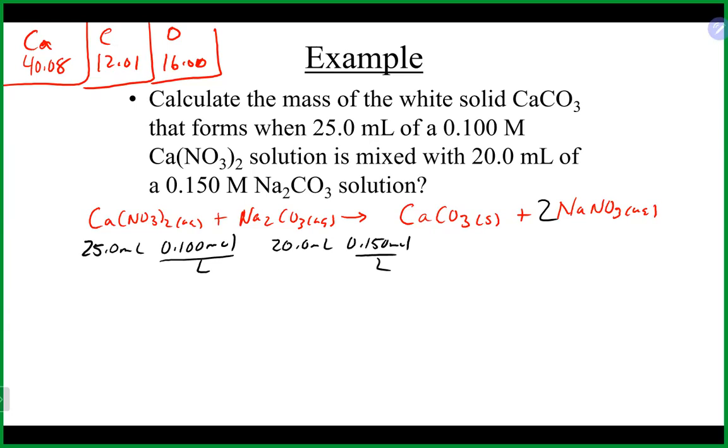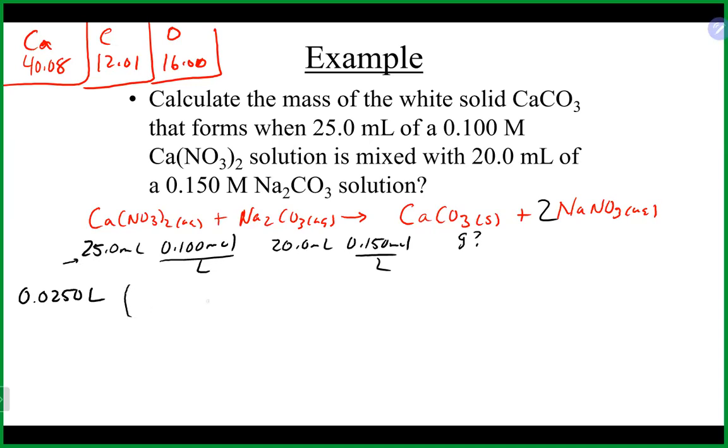So here we do, again, need to convert our milliliters into liters. So we'll take our 0.025 liters, which is what you get here when you convert it into milliliters divided by 1,000.